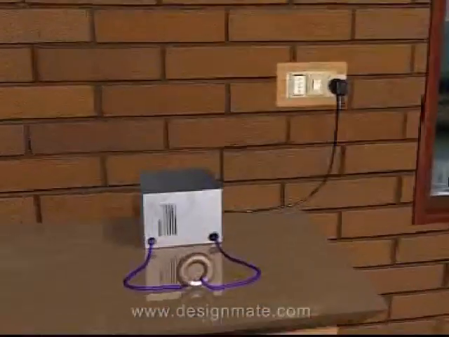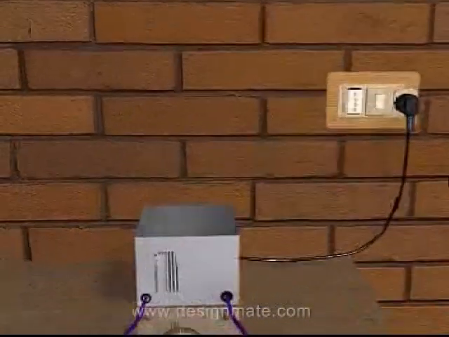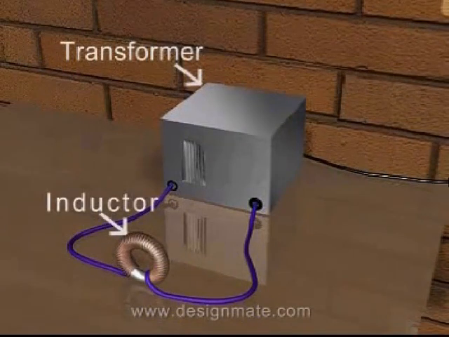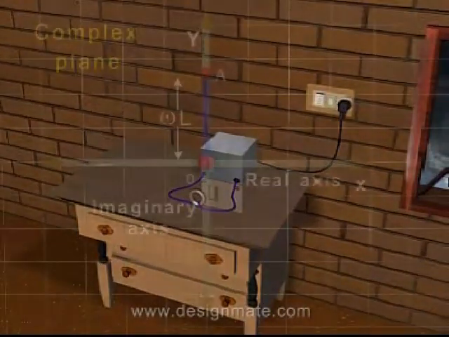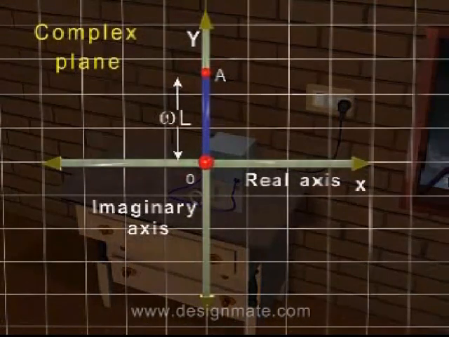1. An AC circuit with only an inductor. The impedance Z appropriate to this situation is shown by point A in the complex plane.